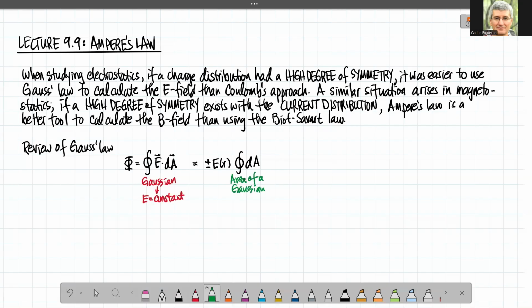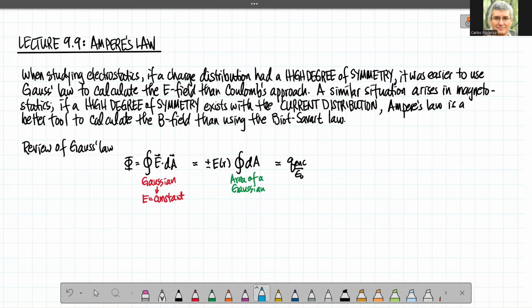And we saw that there were really three surfaces: a sphere, a cylinder, and a plane. So it greatly limited what one could use it on. And then finally, the last part of Gauss's law is the enclosed charge divided by epsilon naught.